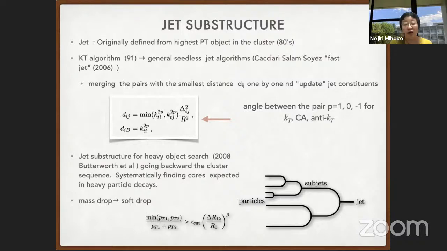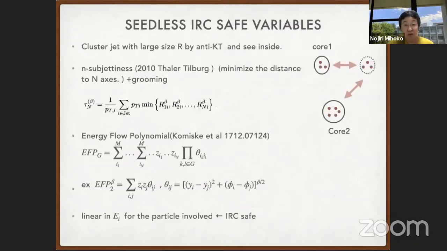If the particle comes from a heavy object decay, then this subjet more likely satisfies the criteria which is now called soft drop. If the pT of the two objects is very high, then you can say this might be coming from hard particles. Then people came up with very nice seedless IRC safe variables.